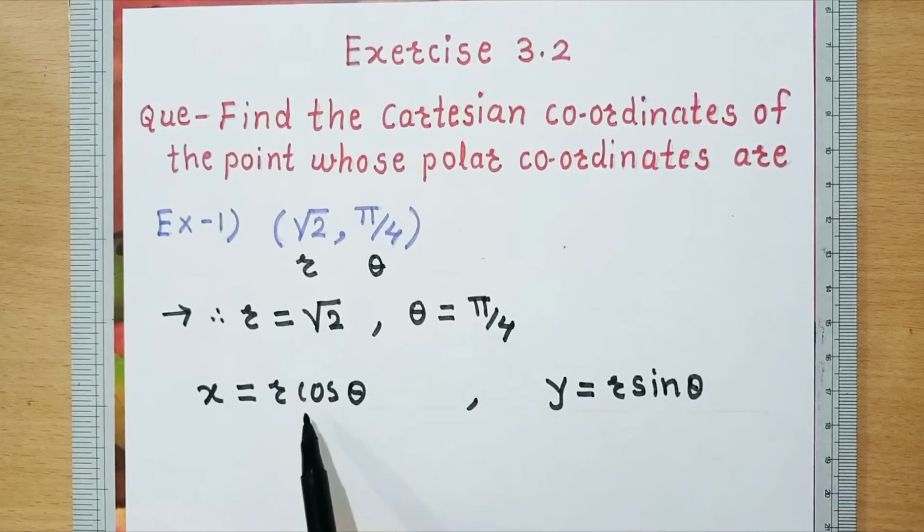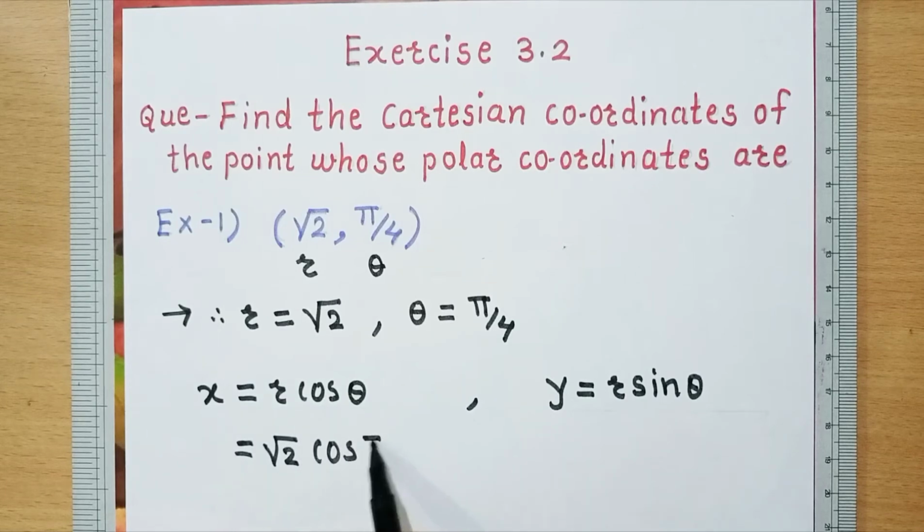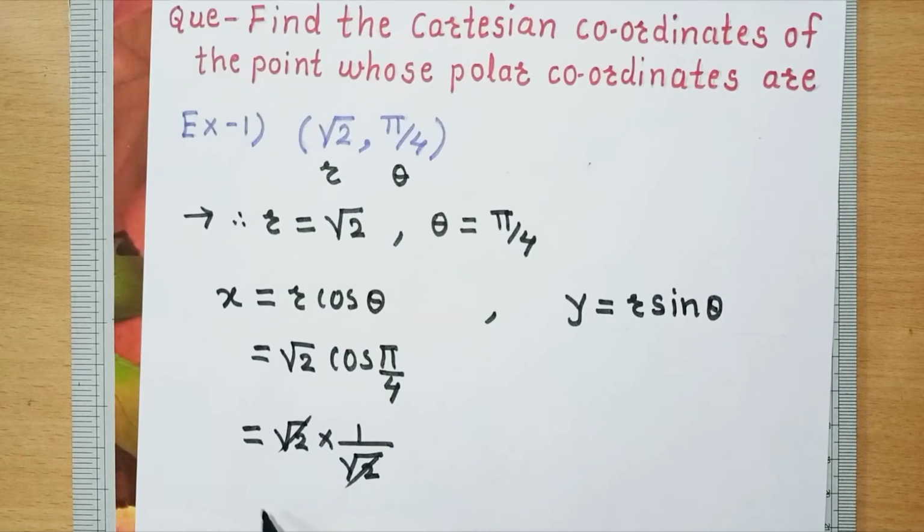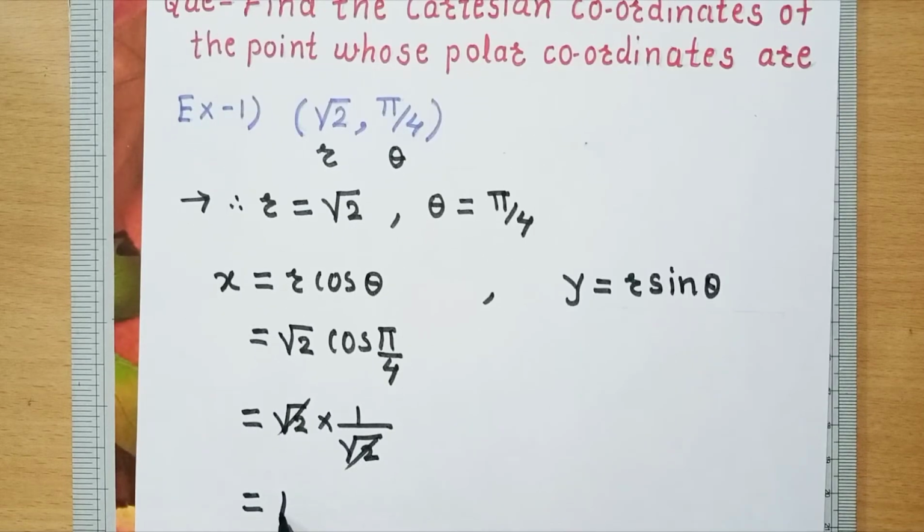Now substitute these values. So r is root 2 and cos of pi by 4. Now the value of cos pi by 4 is 1 upon root 2. So I'll substitute here, and so this cancels, and so the answer is 1.